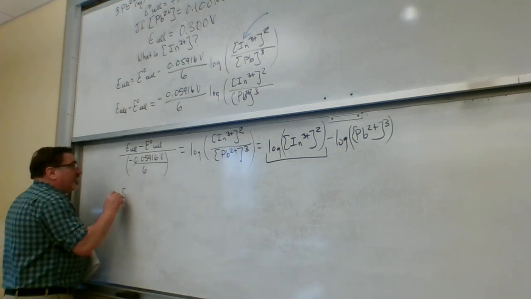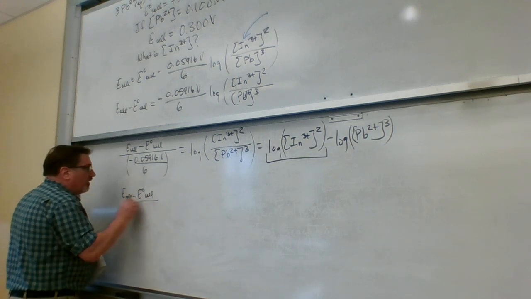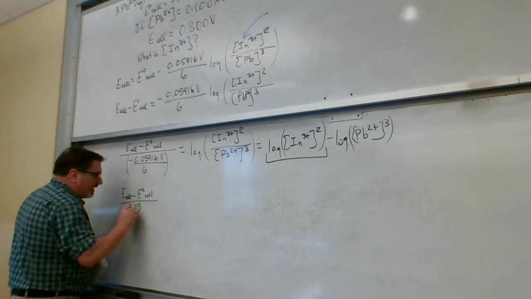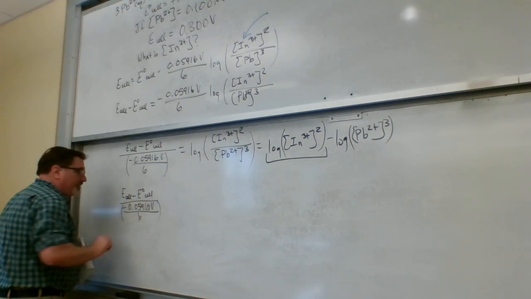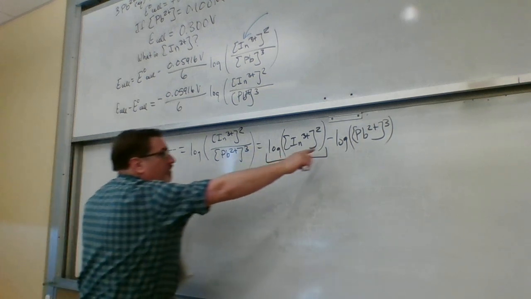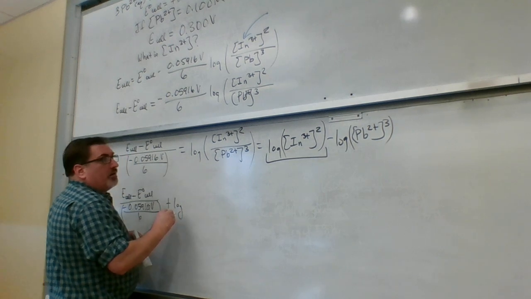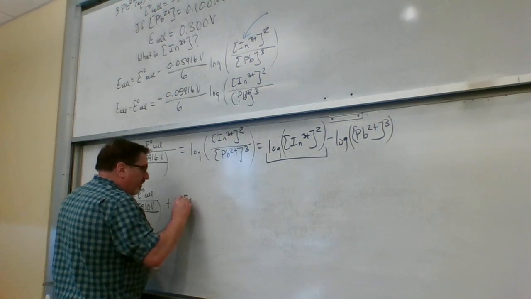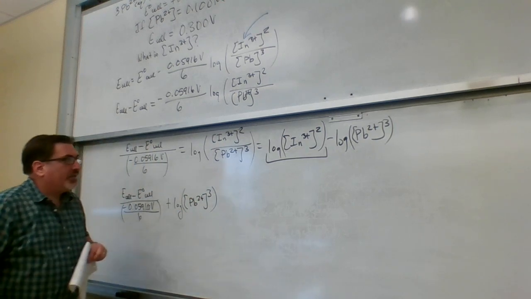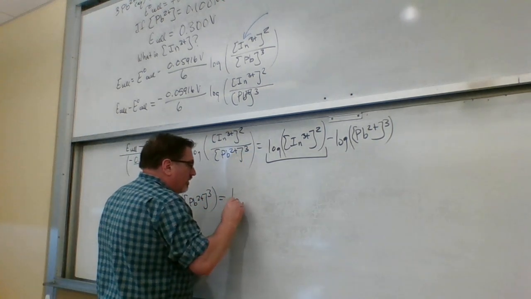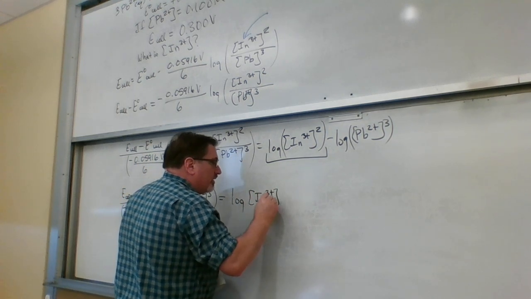E cell minus E0 for the cell over minus 0.05916 volts over 6. Bring this to the other side makes it positive. Plus the log of Pb2+ cubed equals the log of In3+ squared.